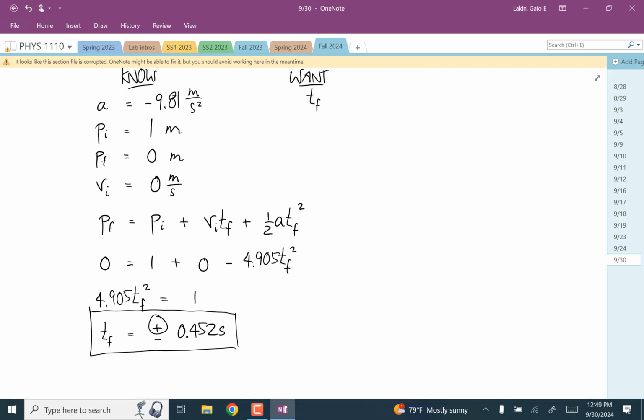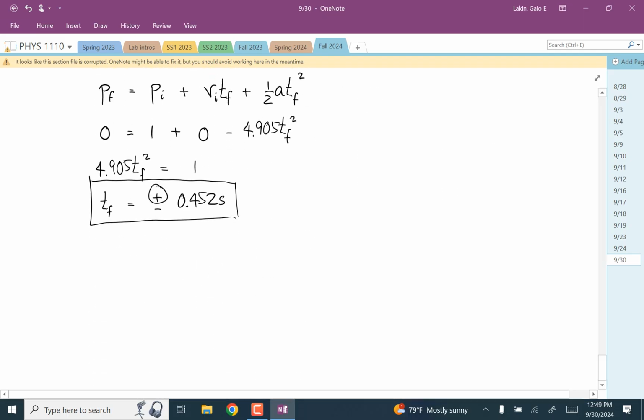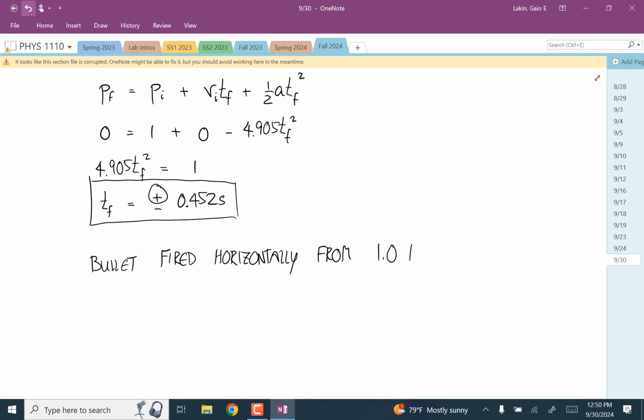And now I'm going to do a bullet that's fired horizontally, and I'll just give its speed a nice round number. So let's say the bullet's fired horizontally from 1 meter high and with a speed of, let's just call it, 1,000 meters per second.